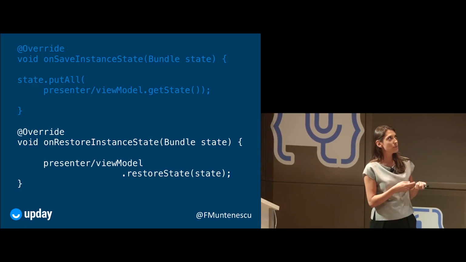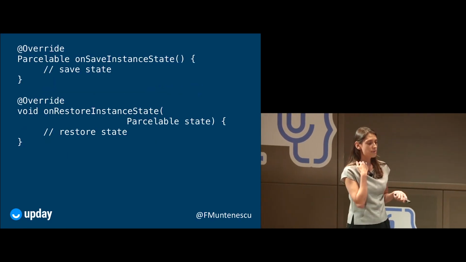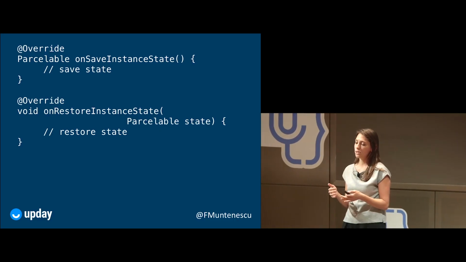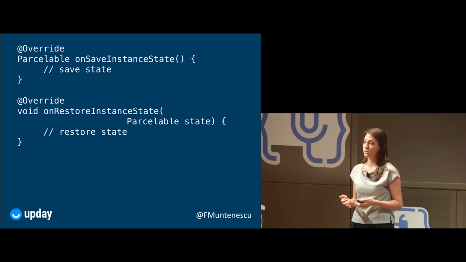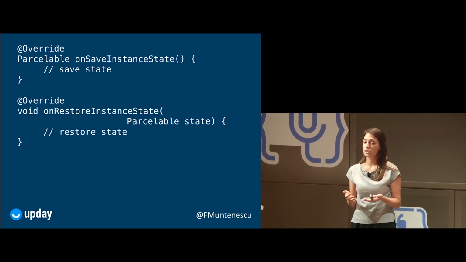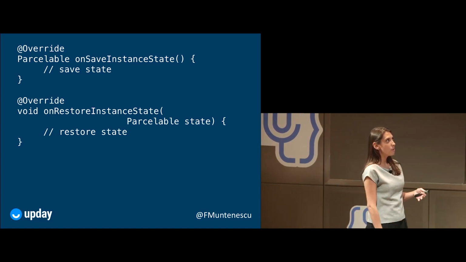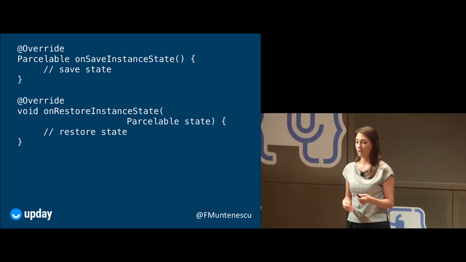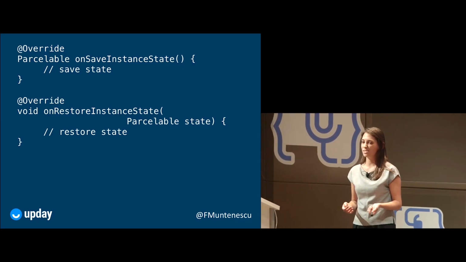This works okay for an activity, for example, but if we have a view we wouldn't have that bundle, but rather we would need to work with Parcelables. So whatever state you want to save has to be Parcelable. It might sound complicated, but nowadays, with the help of open source libraries like AutoParcel, for example, this is pretty easy to do.